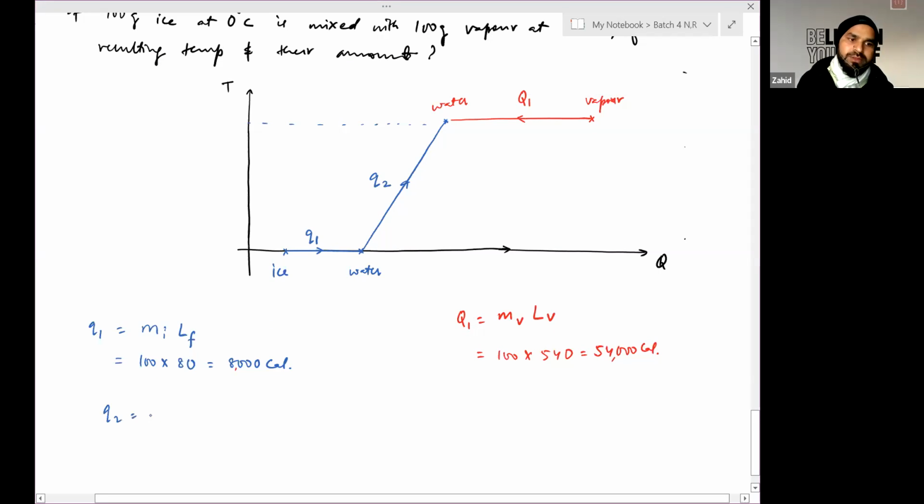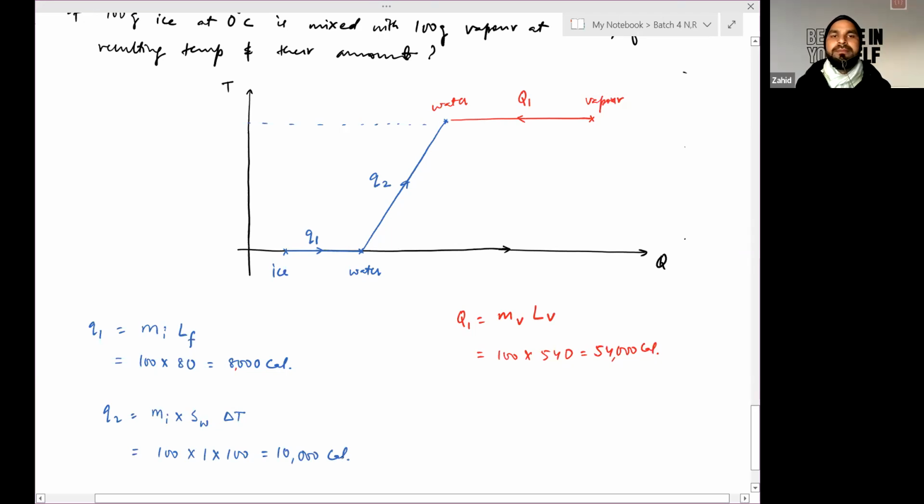Q2 will be equals to mass of ice times, now it has converted into water, so the specific heat capacity of water times change in temperature. Ice having mass 100 gram, specific heat of water is 1, and change in temperature will be from 0 to 100, so it will be 100. On simplifying, you will get 10,000 calorie.